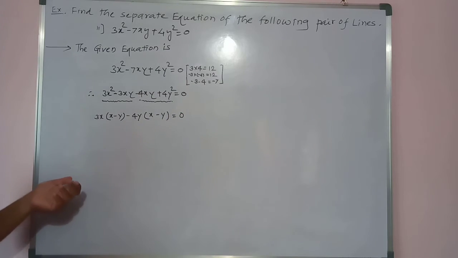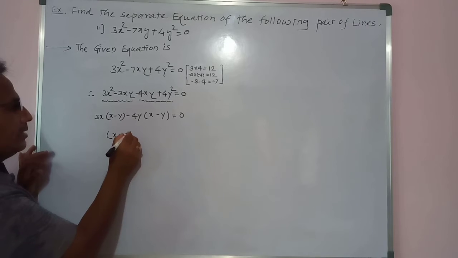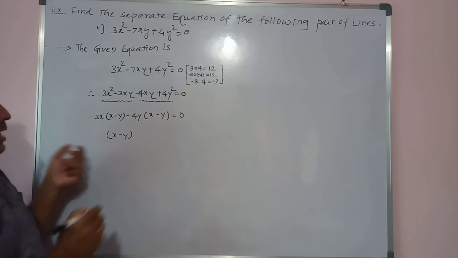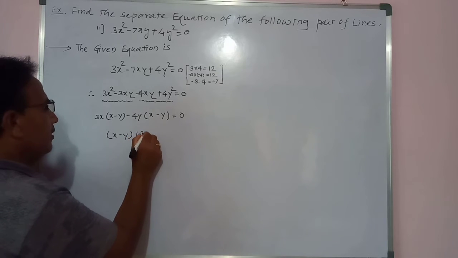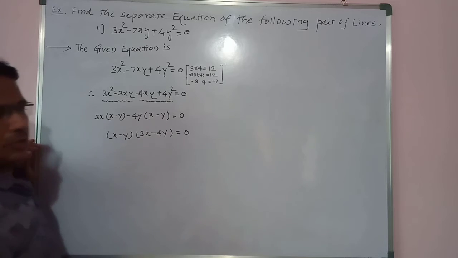Therefore, the two brackets x − y and x − y are the same. One bracket is common and the other is 3x − 4y = 0.